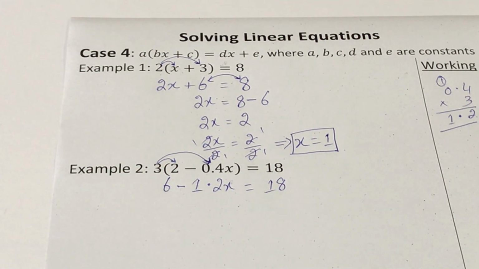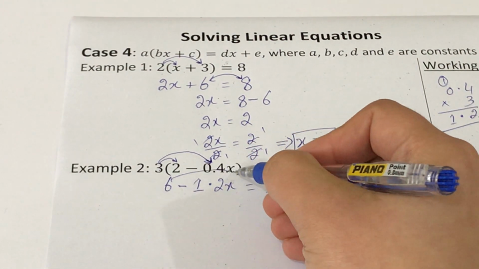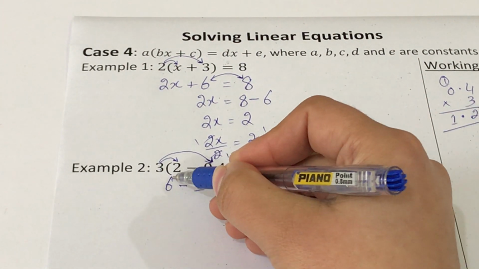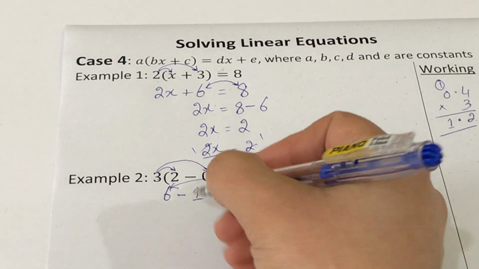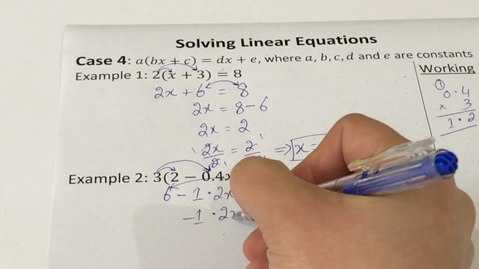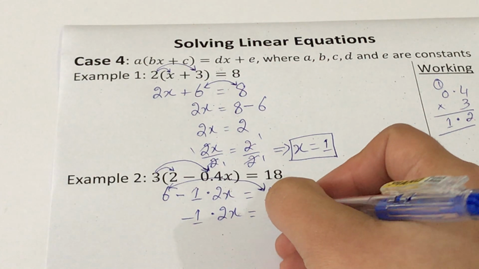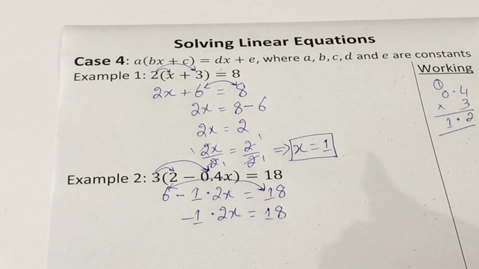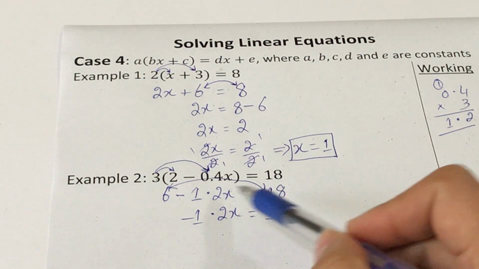Now again you need to combine your like terms. Our like terms are 6 and 18. So negative 1.2x will be written as it is on the left hand side, 18 as it is in its place, and you need to shift only 6 to your right hand side.